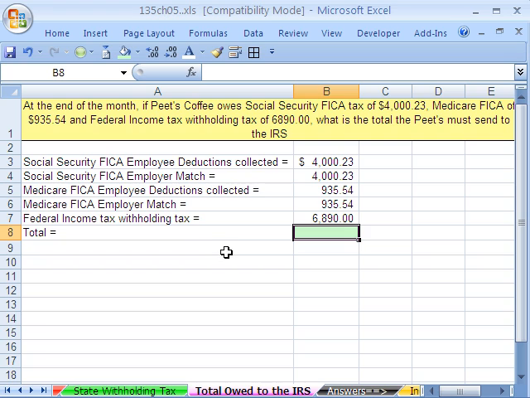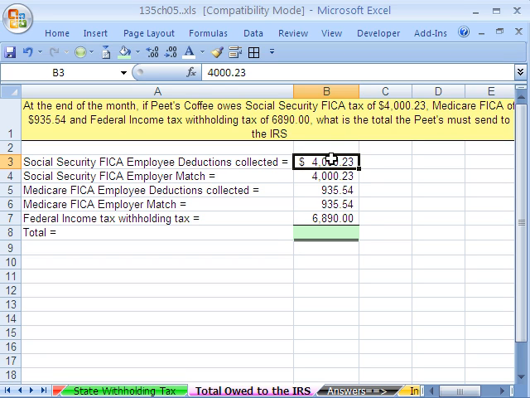Total owed to the IRS. Oh, this is for a business. Because every time they take a deduction out of your paycheck, they don't immediately send that to the federal government. They accumulate it in a liability. And when it comes time to pay, they have to add them all up. And this is an example of what they would send to the federal government. FICA deductions from the employee, from the employer also. So you see it's double.